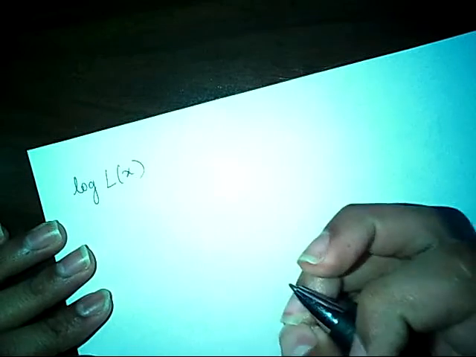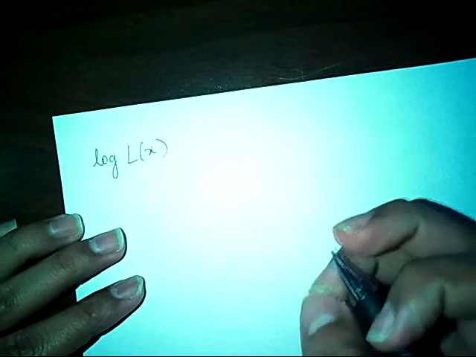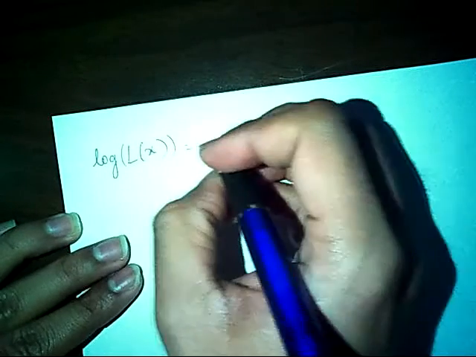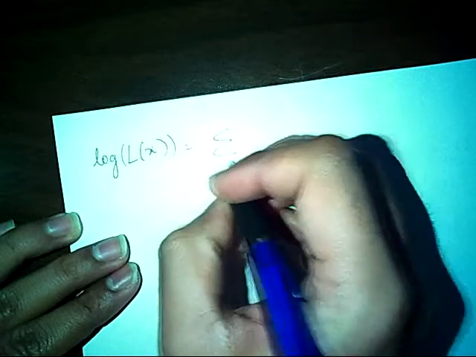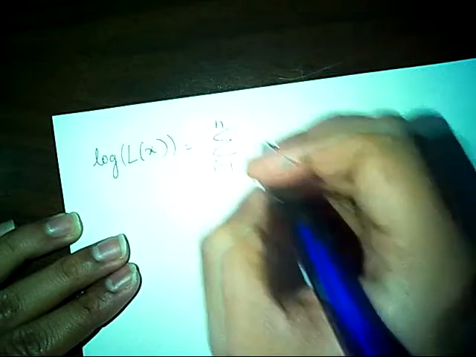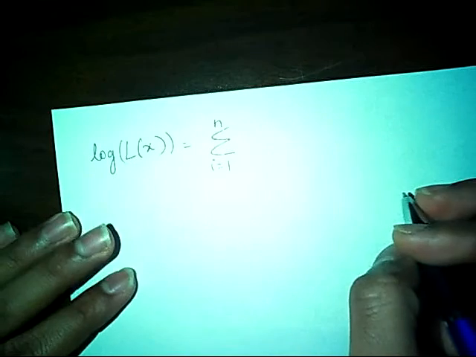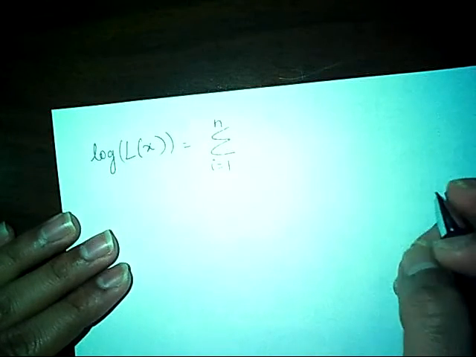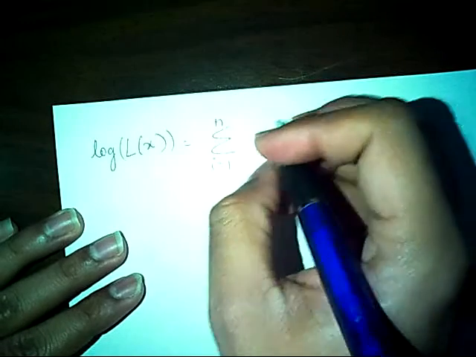So I'm going to take logarithm of the likelihood function and I'm going to maximize it. So this is why it is called the maximum likelihood estimation. Note that the product that we had earlier now has become a sum.